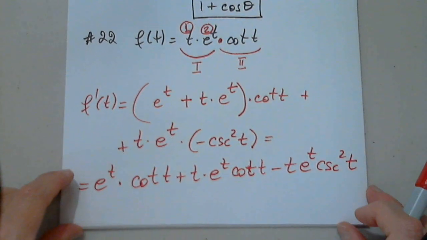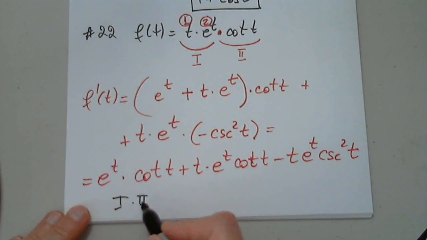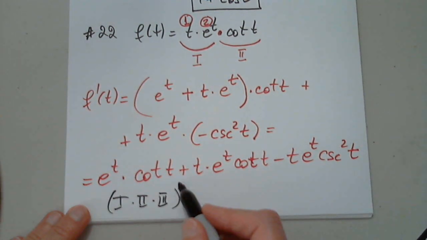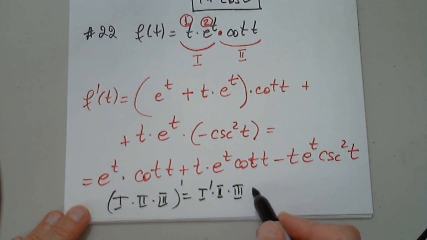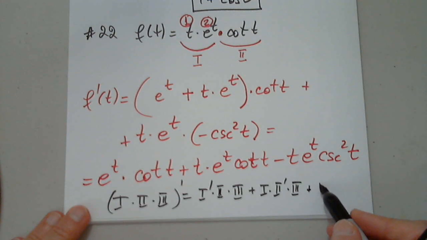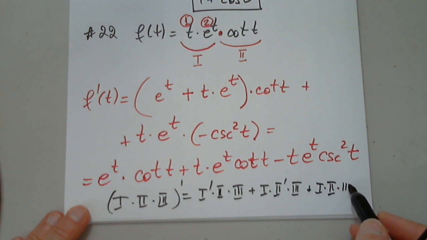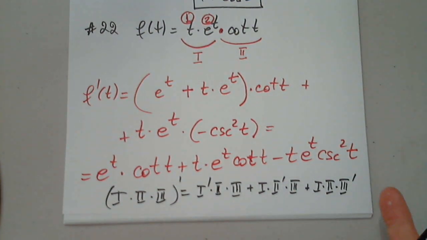So in other words, you don't have to memorize this. 1 times 2 times 3 prime is 1 prime times 2 times 3, plus 1 times 2 prime times 3, plus 1 times 2 times 3 prime. So in order from left to right, the first one is differentiated, the second one is differentiated, the third one is differentiated.